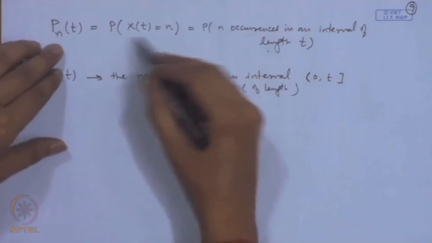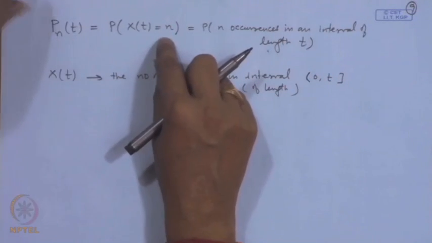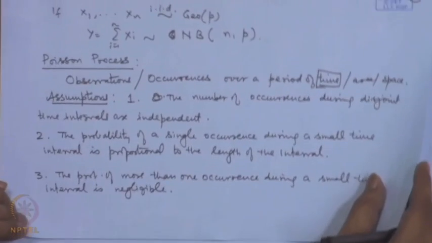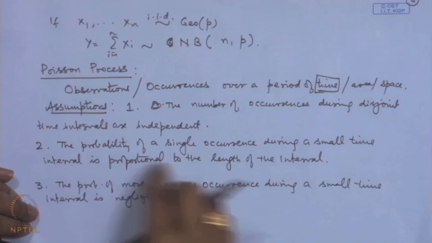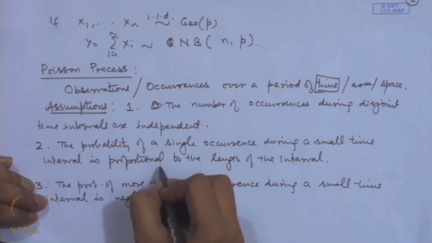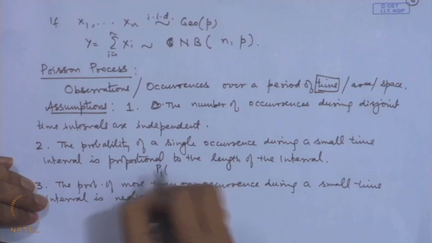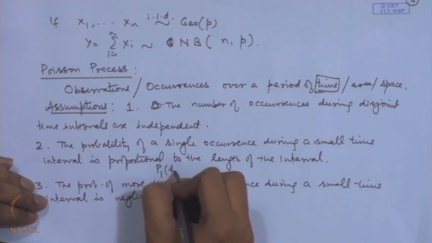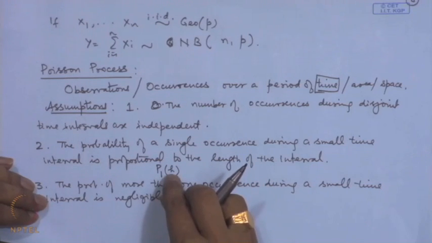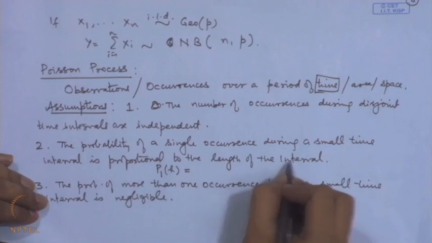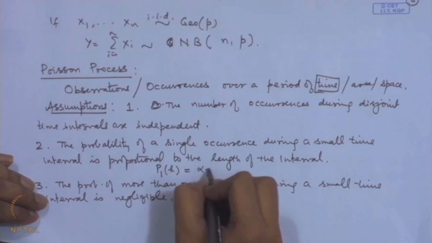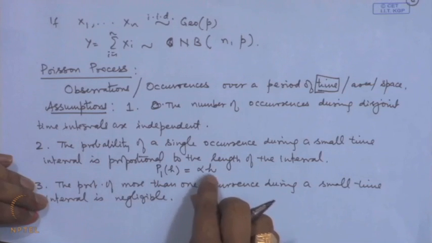Now, in the framework of this p n t notation, we can express these assumptions. The probability of a single occurrence during a small time interval. A single occurrence means p 1, and for the small interval we may use the notation h. That means one occurrence in an interval of length h is proportional to the length of the interval. So, proportional means we can write alpha h, where the constant of proportionality is taken to be alpha.